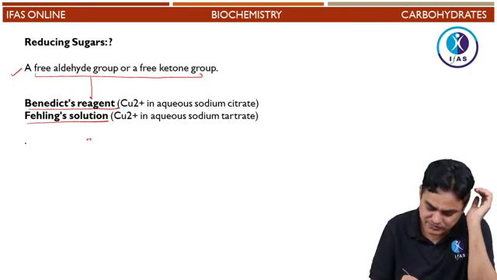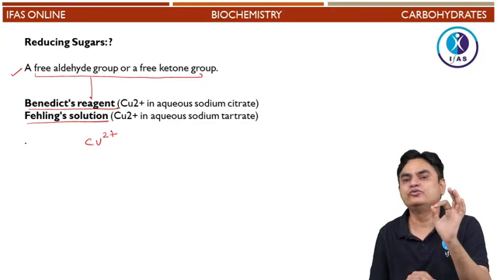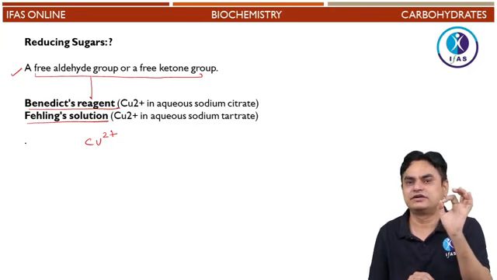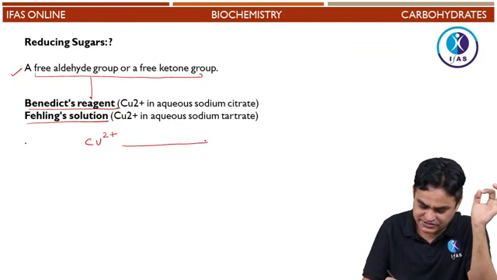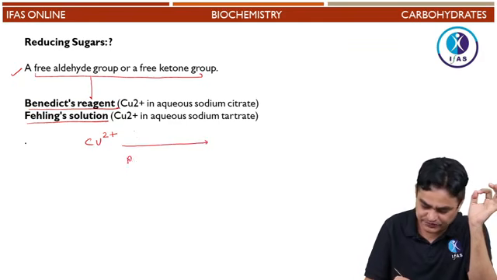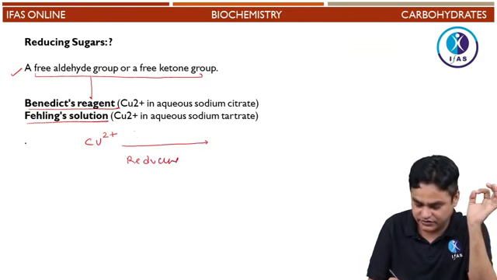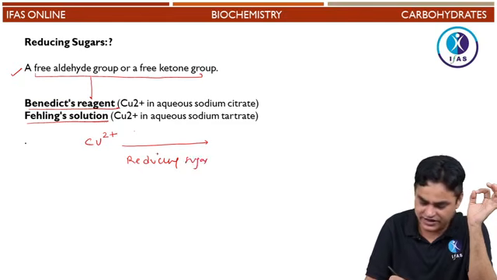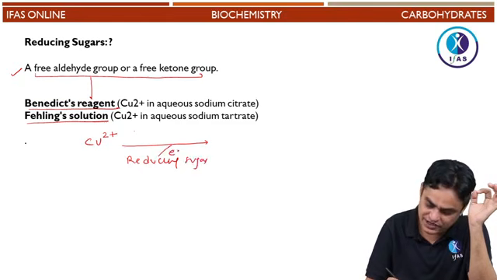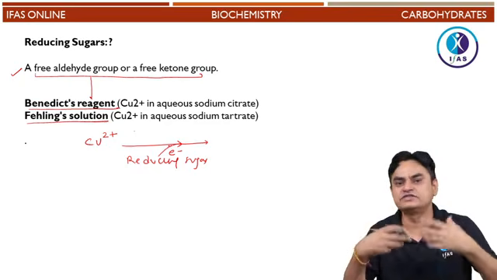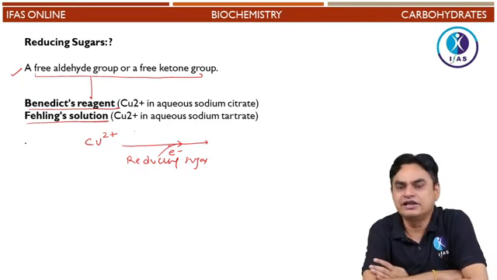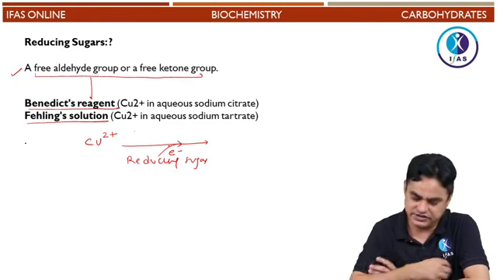In both Benedict solution and Fehling solution, copper is in the Cu2+ state, that is, the cupric state. If sugar is reducing, it will give an electron. That's why it is a sugar which is capable of donating an electron, which can reduce others.